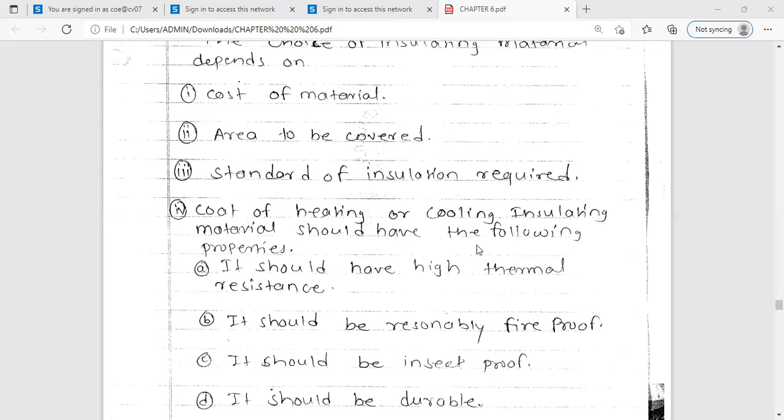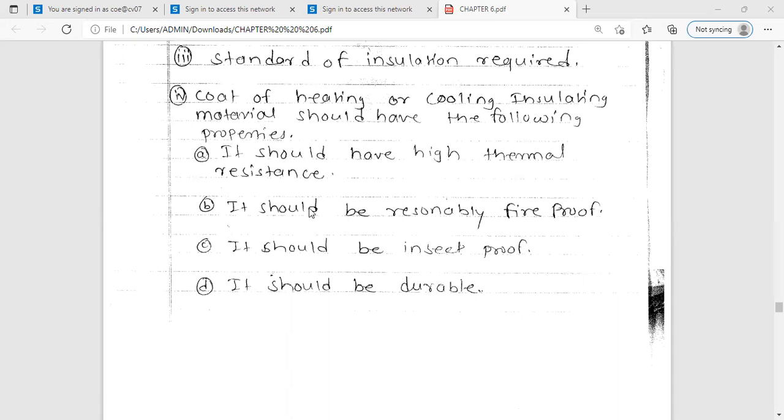Insulating material should have the following properties. Okay, it should have high temperature thermal resistance, it should be reasonably fireproof, it should be insect proof, and it should be durable. Means whatever kind of material we are going to use for achieving the thermal insulation, in that case that material should be insect proof.